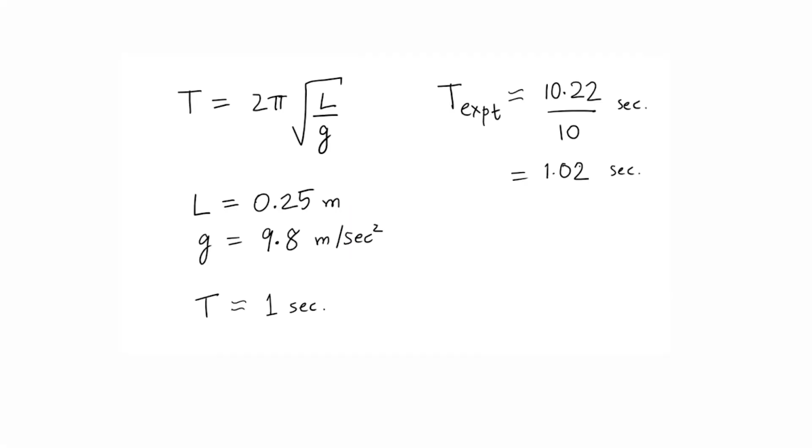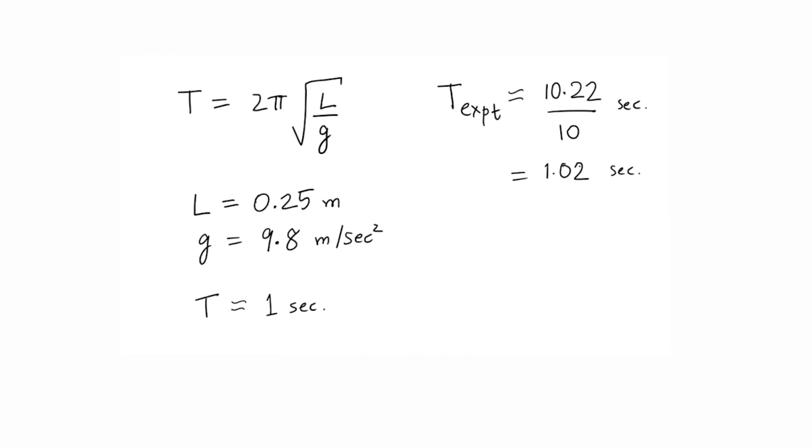When the 10th oscillation completes, we saw that it has taken 10.22 seconds. The time taken for 10 oscillations is 10.22 seconds, as we just measured. So, the time period is 10.22 seconds divided by 10, that is about 1.02 seconds.